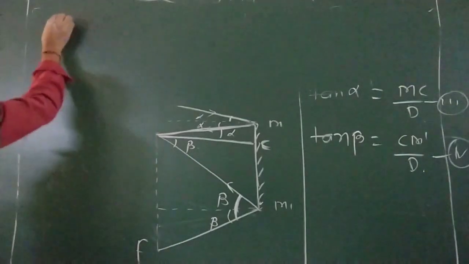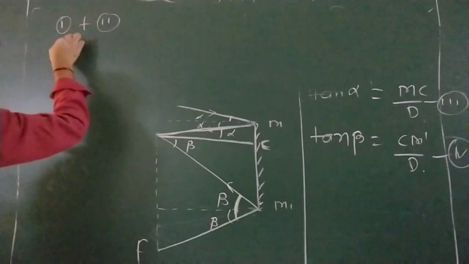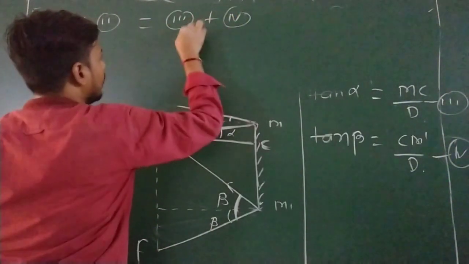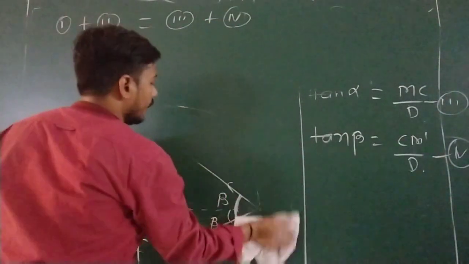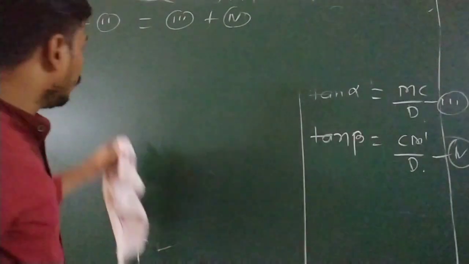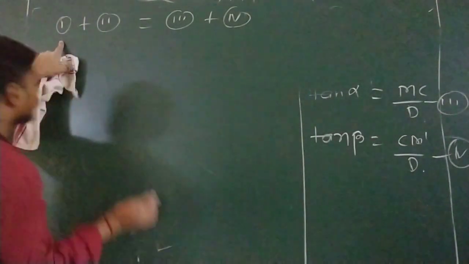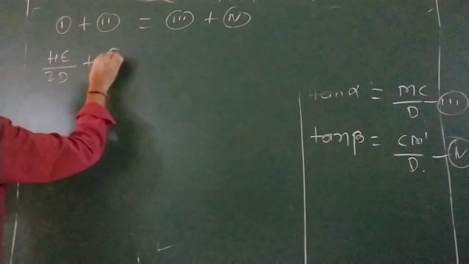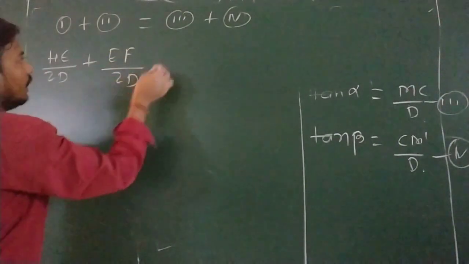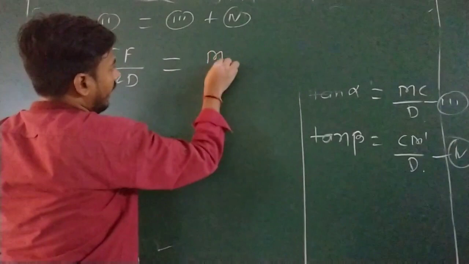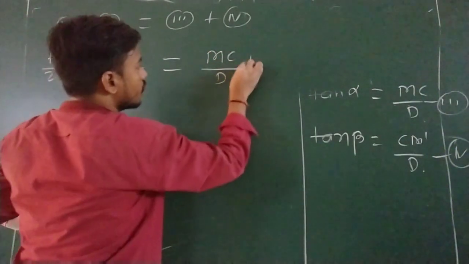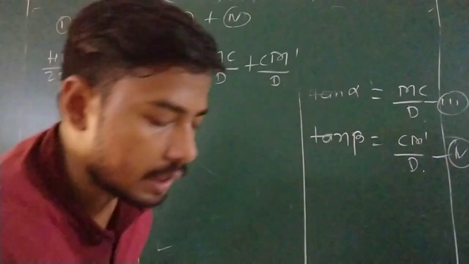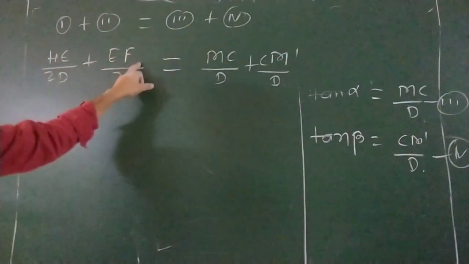So what we can say, first plus second, tan alpha plus tan beta must be equal to third plus fourth, because this is also tan alpha, tan beta. So HE by 2D plus EF by 2D is equal to MC by D plus CM dash by D. If you look at the geometry, HE plus EF is what?